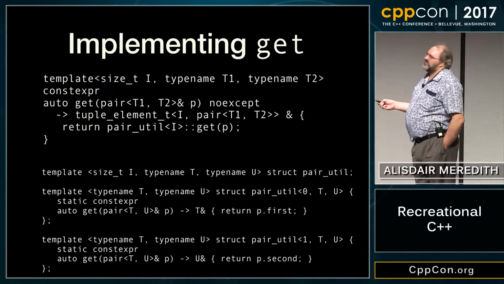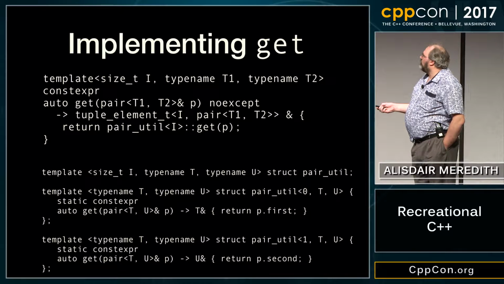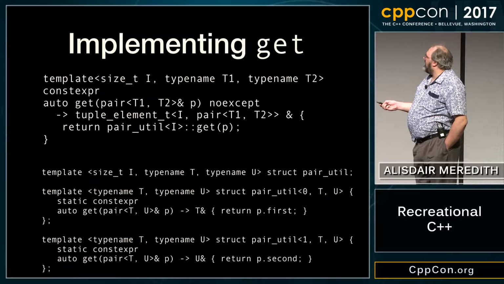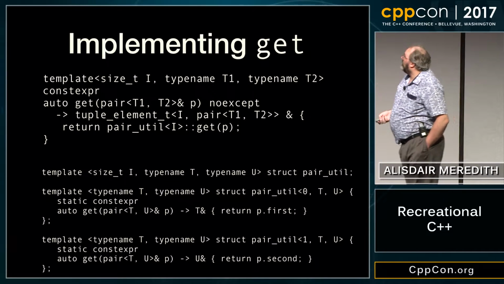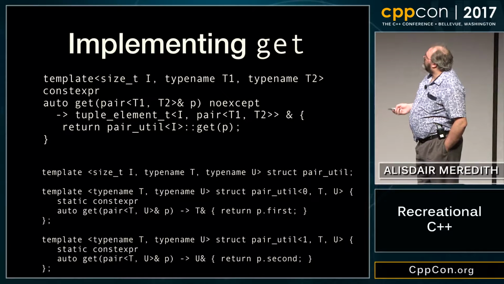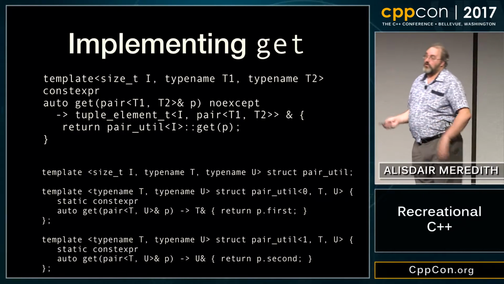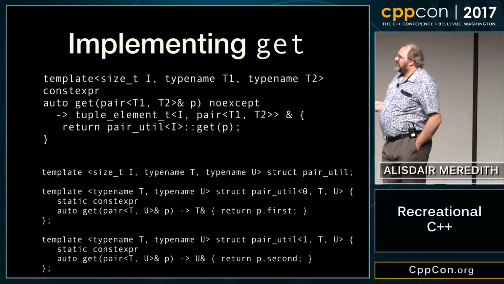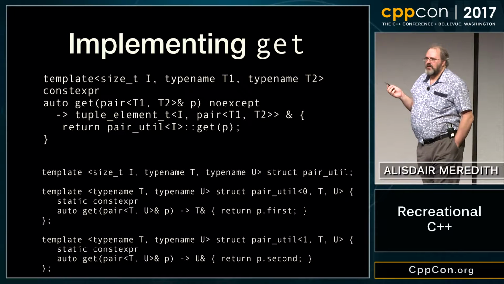So I can partially specialize the pair_util, and within that I can specialize the whole util for 1 and 0, and just have a function called get within there, and it returns either first or second. And I at least don't need to go through this whole tuple_element syntax, because I know that it's going to be T or U accordingly. So that's a relatively straightforward implementation of get.